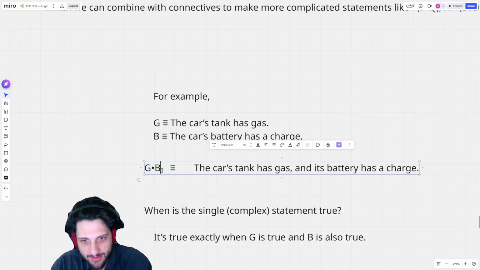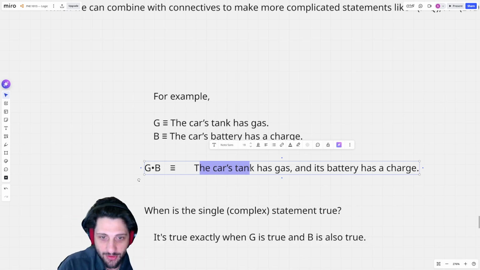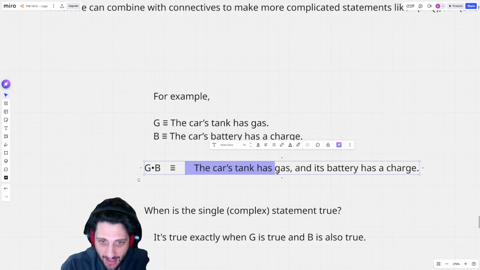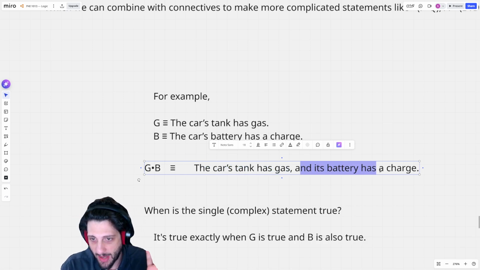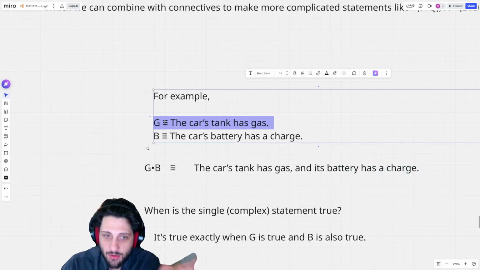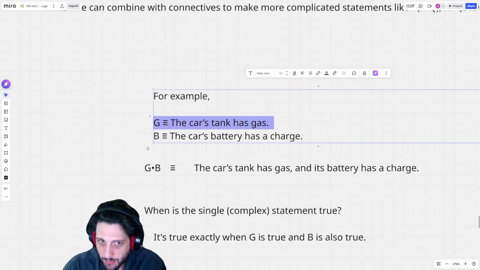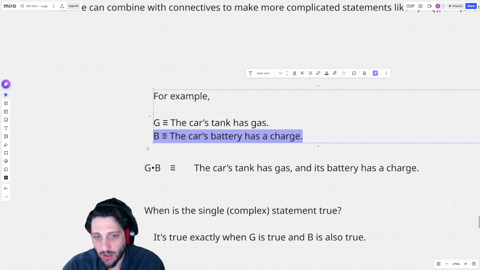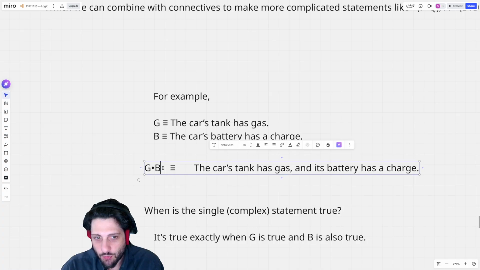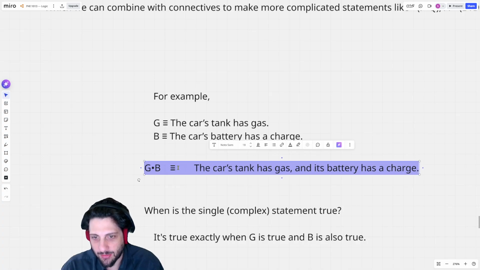Now, let's think about a different situation. I have a different car downstairs, and that car does have gas in the tank, but its battery is not charged. So the truth value of G is true, the truth value of B is false, and what would I make of the whole complex statement?